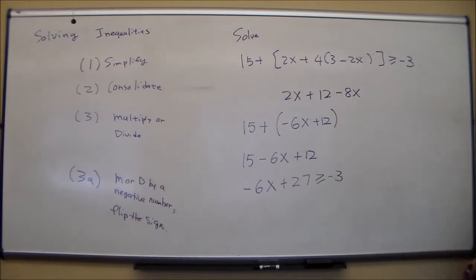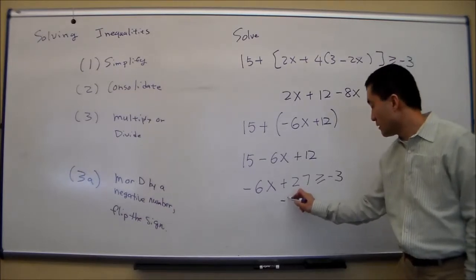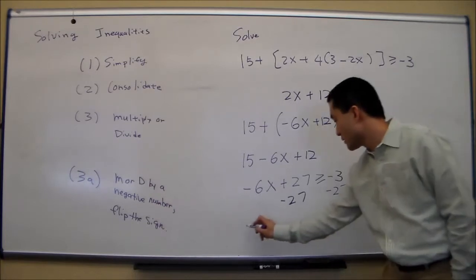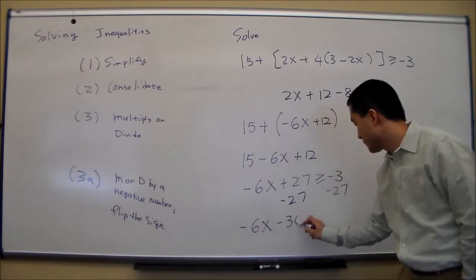Okay, I simplify both sides. Well, just the left side. This is going to be 27. So subtract the 27, which becomes negative 6x minus 30.